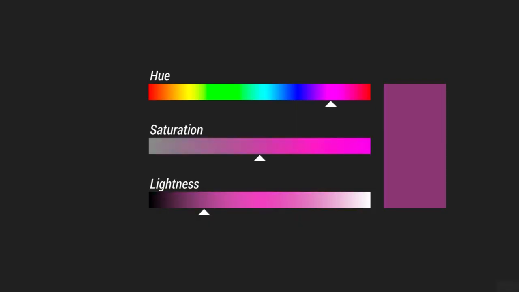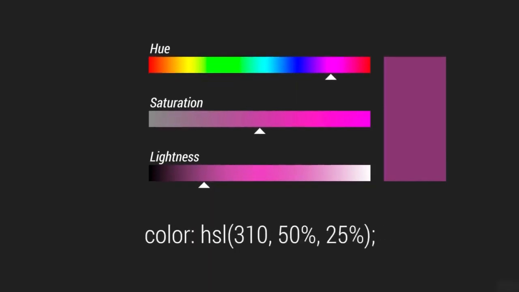Just like we saw in RGB, the HSL function accepts the HSL values as parameters. It takes up to 3 values, that is, the first value will be considered as hue, second as saturation and third as lightness, each separated by a comma.